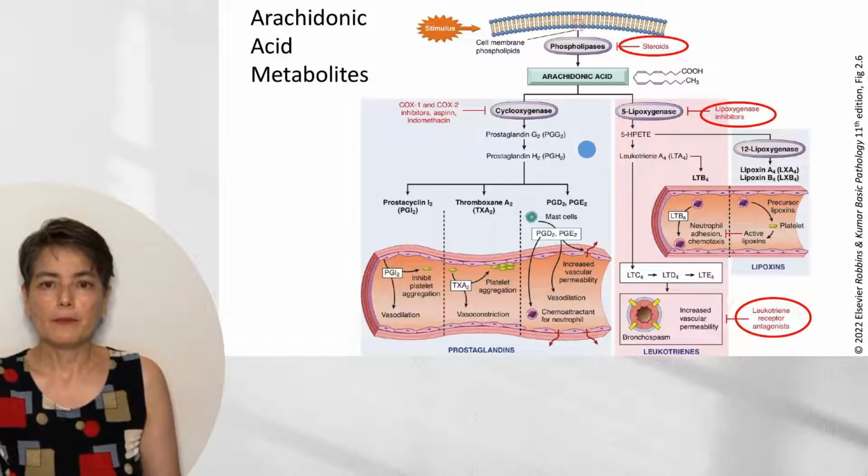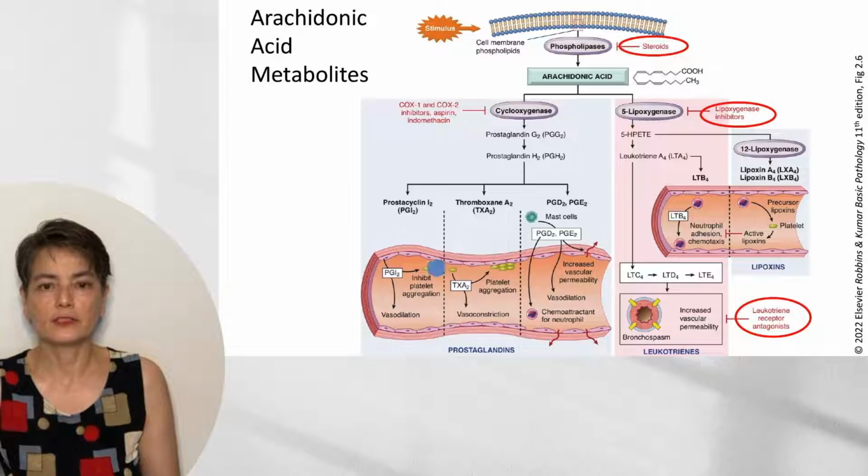So we have these two intermediates that you really don't need to focus on, but you know that downstream of this pathway of arachidonic acid through cyclooxygenase is going to result in prostacyclin I2, also referred to as PGI2, which has a role in inhibiting platelet aggregation as well as causing vasodilation. You can see this nice figure, this vessel is dilated, compared to thromboxane A2, which is going to cause vasoconstriction and platelet aggregation.